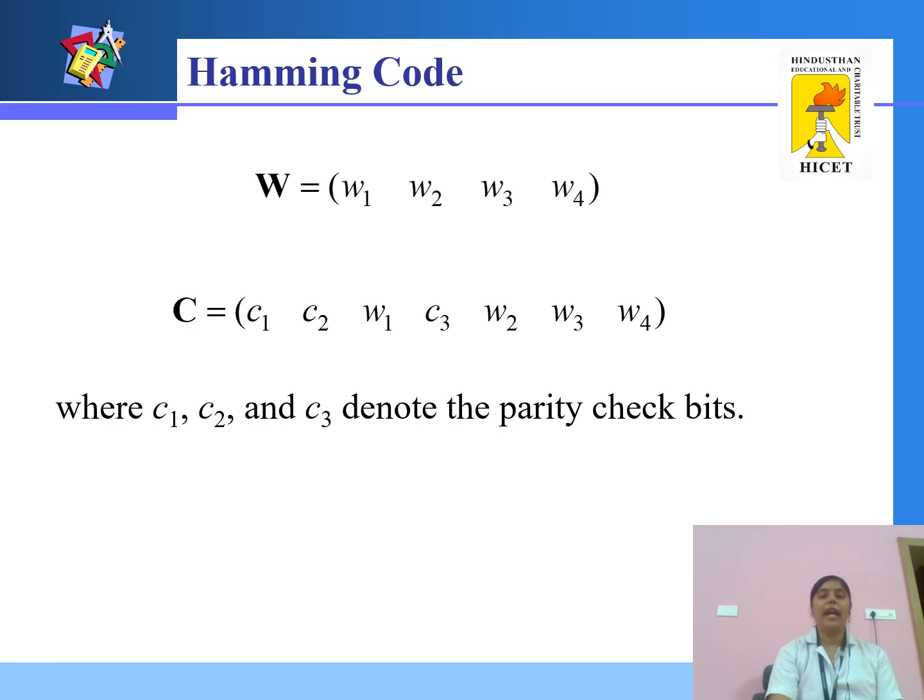Next, we move on to the Hamming code, where W is equal to W1, W2, W3, W4 and C is equal to C1, C2, W1, C3, W2, W3, W4, where C1, C2 and C3 denote the parity check bits.